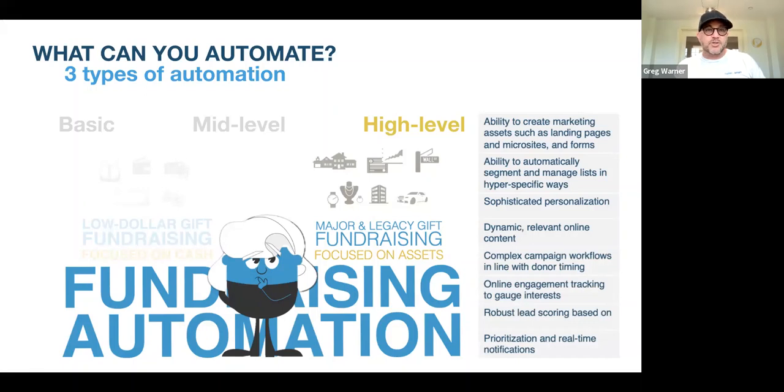And this is usually, we recommend, based on when they click or where they click on your web pages. So for instance, if you had our DAF widget, and a supporter clicked on the DAF widget, and you know that they've mentioned that they would consider giving through their DAF in the past, and you get to track that because this is high-level automation, then you would get a real-time notification or a prioritization alert letting you know that this individual by name has clicked on that widget.